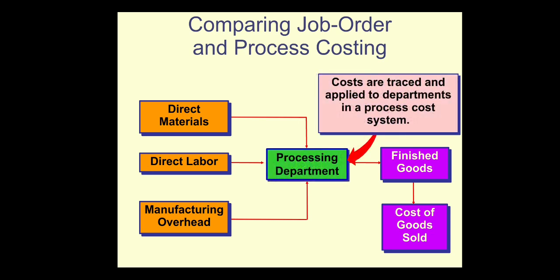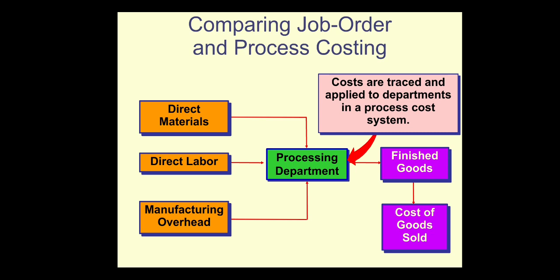But in process costing system, remember, process costing system is related to production in a factory. Our example is Coke soft drink. The basic process to produce Coke soft drink is like this.